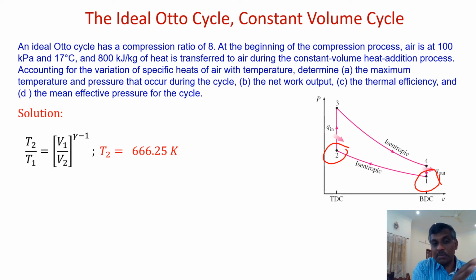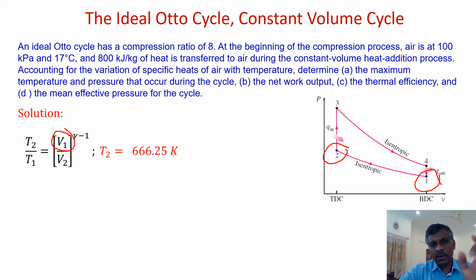So you can see that for temperature and volume it's a reciprocal. T2 comes at the top, so here V1 comes at the top. When it is a relationship between temperature and volume, you could understand that a reciprocal is there. So you have to be very careful in memorizing. So T2 by T1 equal to V1 by V2 to the power gamma minus 1.